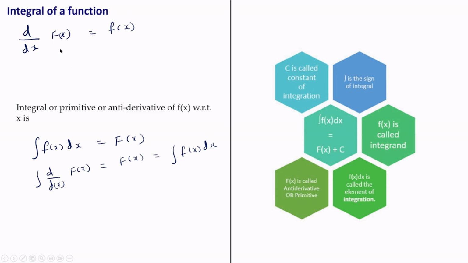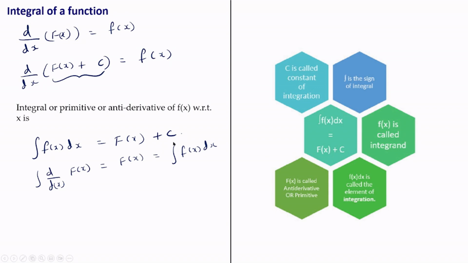And now if we have a function whose derivative is f of x plus some constant, say we have 1.3, or a constant say 5 square, or any constant say c, again the derivative of this function is also equal to small f of x. So we have integral f of x dx equal to capital F of x plus some constant c.